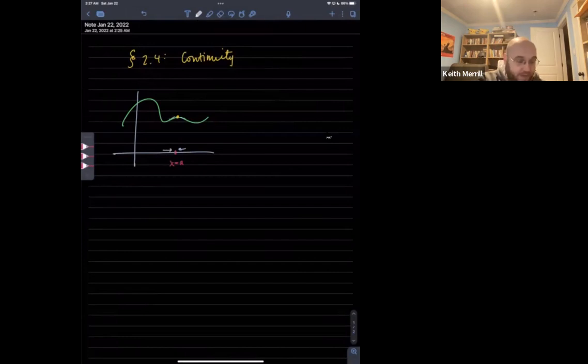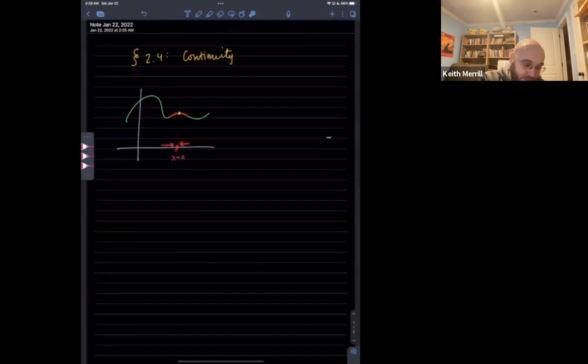So again, the idea here, I'll use the laser pointer, is that we look at values of x that are, say, approaching a from below, and we look at what happens up on the graph. So we can see this portion would be highlighted. We look at approaching a from the right, and we would again look at what's happening on the graph. And then we look at what happens at precisely x equals a itself. We get that middle dot. The key thing here is that all three of those numbers are the same.